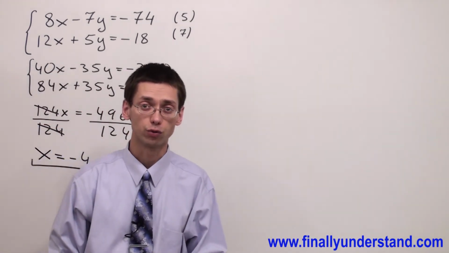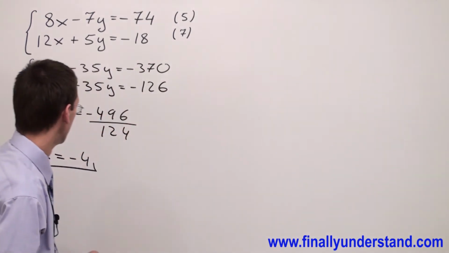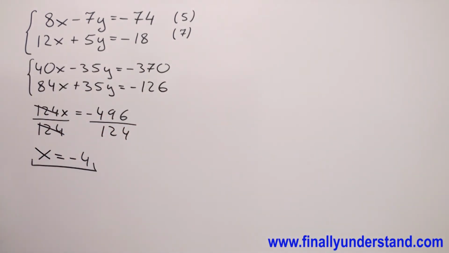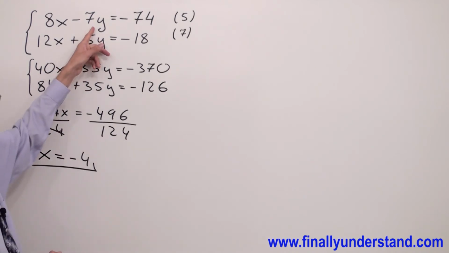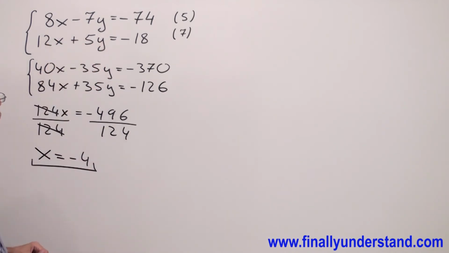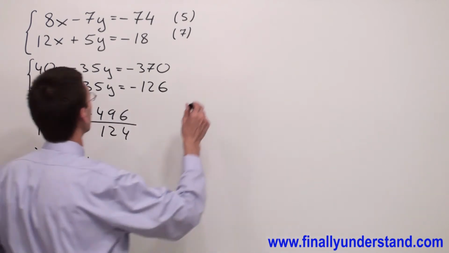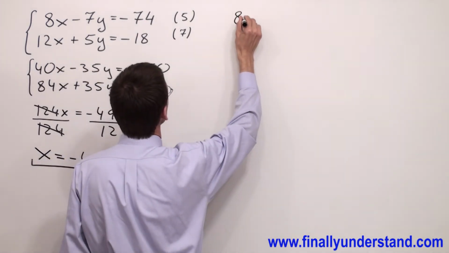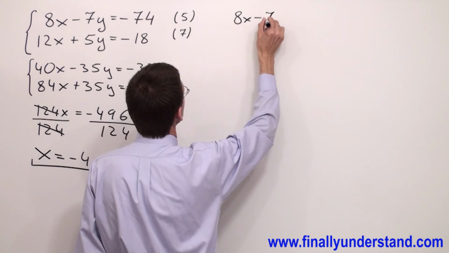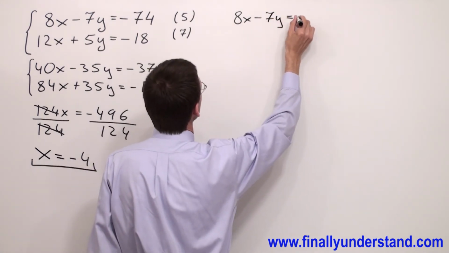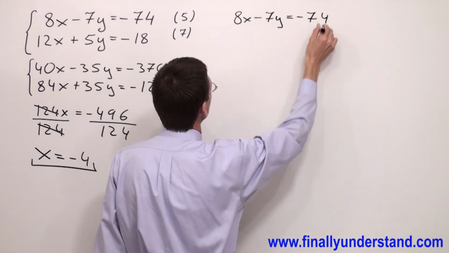Next, we're supposed to find the y coordinate. What am I supposed to do? I'm supposed to take one of my original equations, and instead of x, plug in negative 4 and calculate that equation for y. I'm going to take the first equation. So I have 8x minus 7y is equal to negative 74.